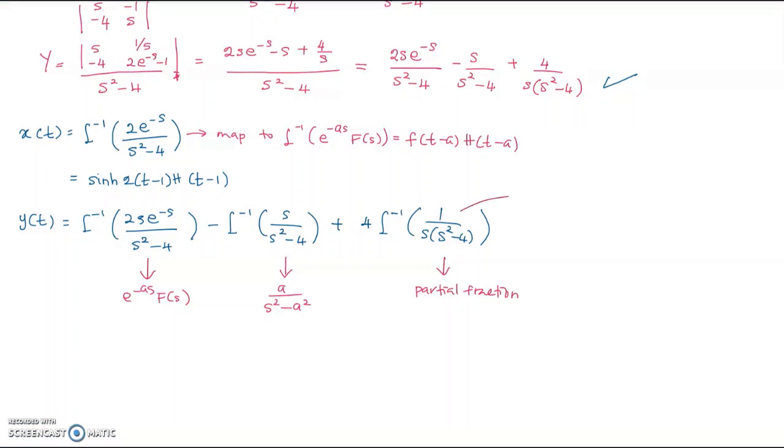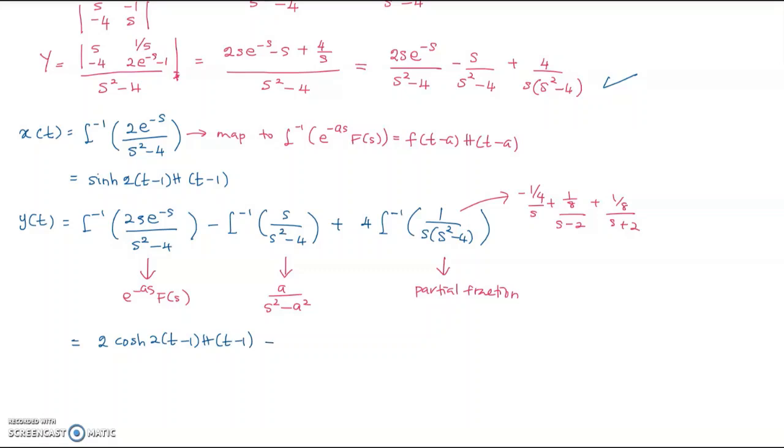I hope for the partial fractions here, you get negative 1 over 4 over s plus 1 over 8 over s minus 2 plus 1 over 8 over s plus 2. So to cut the story short, the yt here is 2 cosh 2 of t minus 1, h of t minus 1.